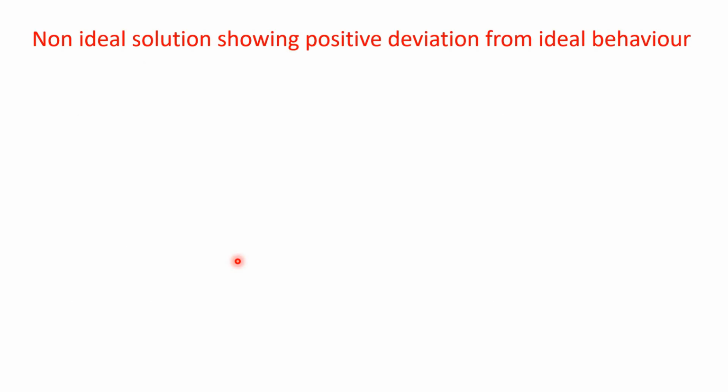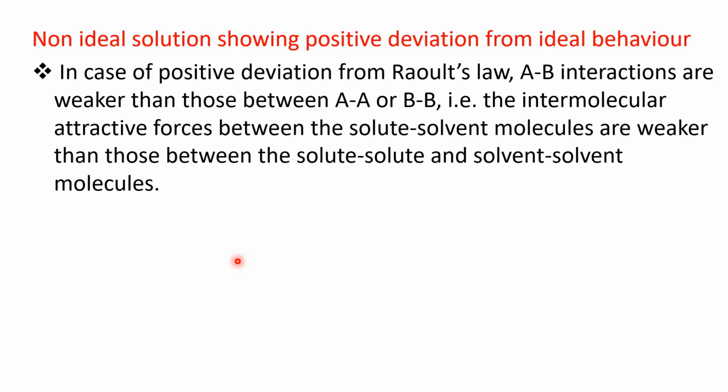Now coming to the first category, that is, non-ideal solutions showing positive deviation from Raoult's law. In positive deviation, the solute-solvent interactions are weaker than the solvent-solvent or solute-solute interactions. That means the intermolecular forces of attraction between A-B molecules, or solute-solvent molecules, are weaker than those between A-A molecules or B-B molecules.